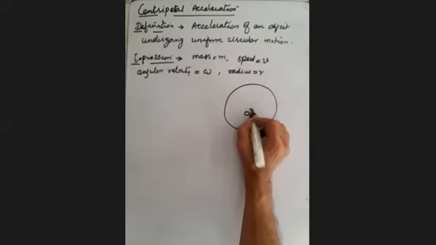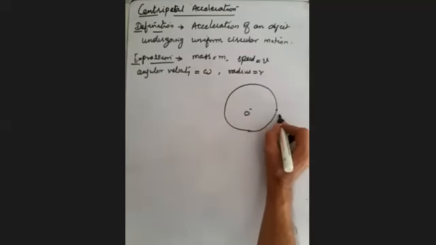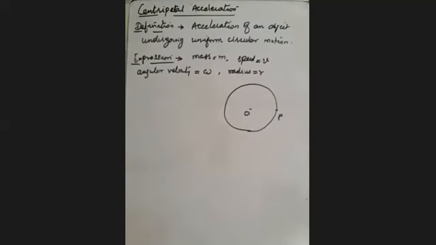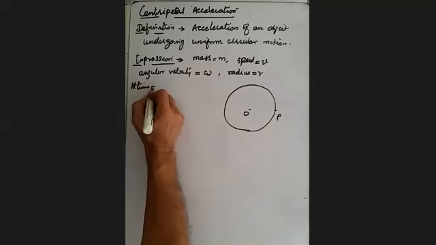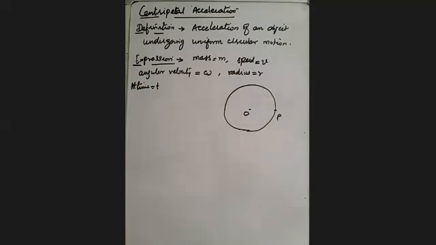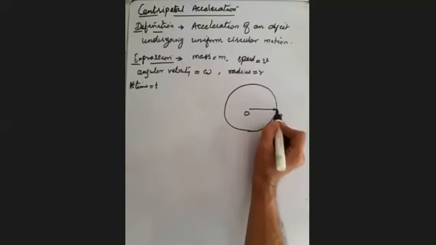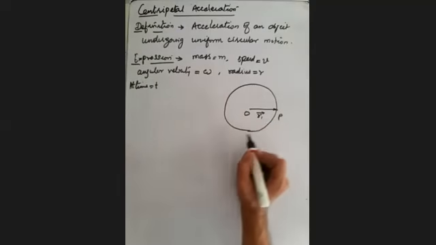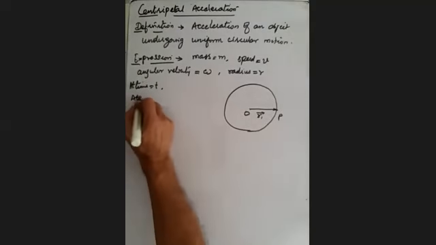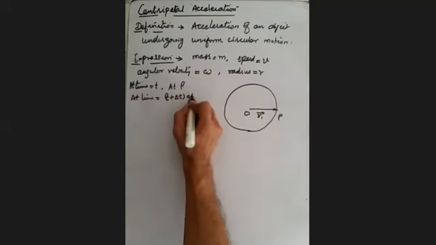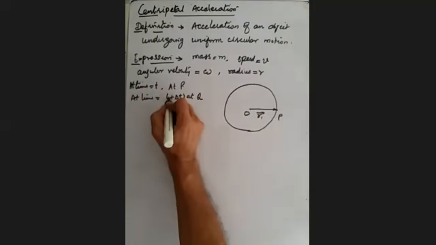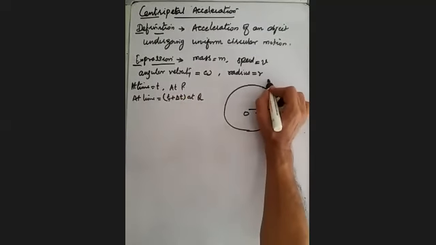O is the center. Let us say at any time the particle is at point P on the circular path. Then let us set time equal to t. The position vector of the particle is given by r1. Let us say at time t plus delta t, the particle is at Q. So it is at point Q here.